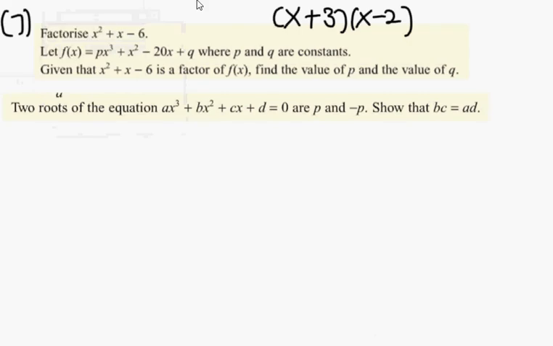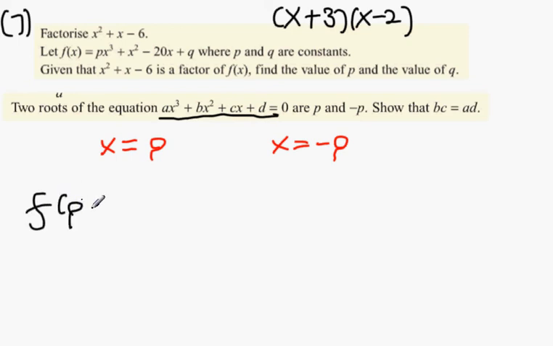Another way of doing this question would be to just plug in the roots. So x equals P, x equals minus P. What we're going to do is say f of P equals 0, and this is f of x here. So f of p equals 0.